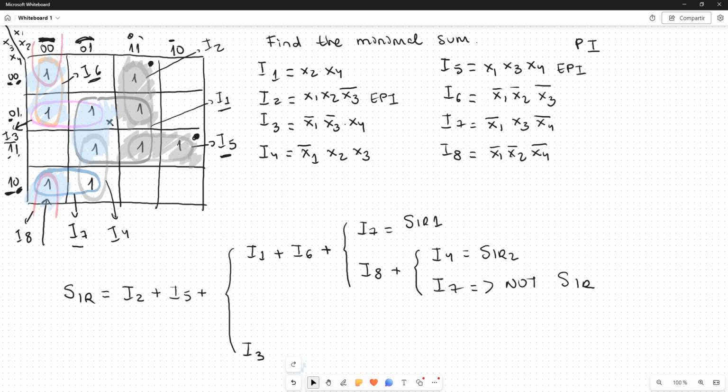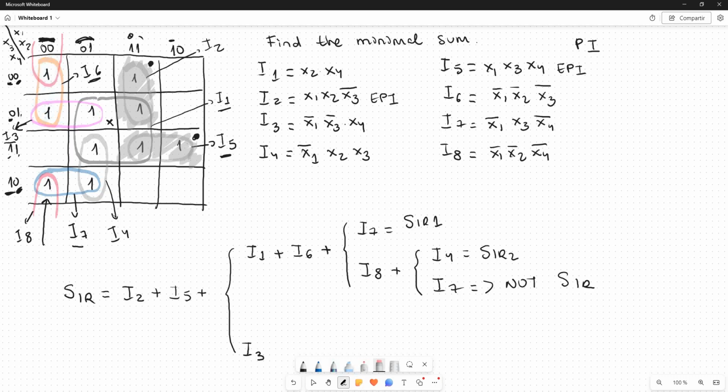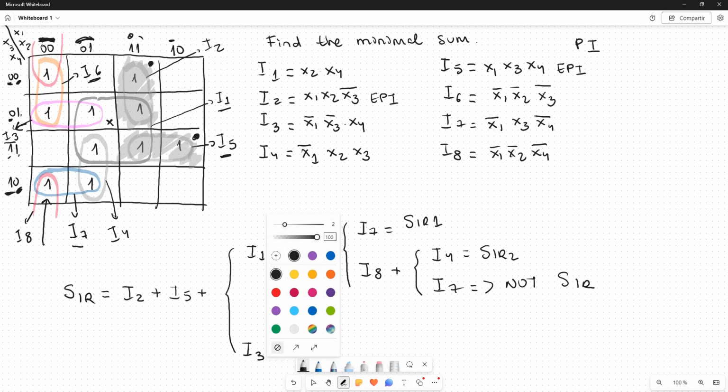So we have finished all the bifurcations using implicant 1. Now we have to come back and see what happens when using implicant 3. Sorry, it's difficult to delete this. So now imagine that our solution is to use implicant 3.